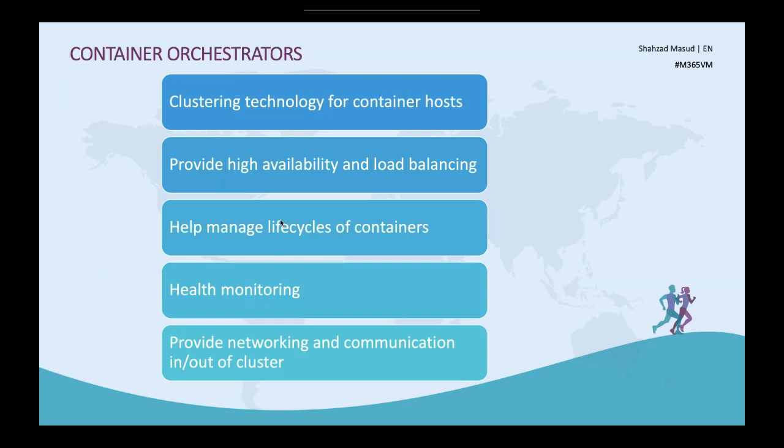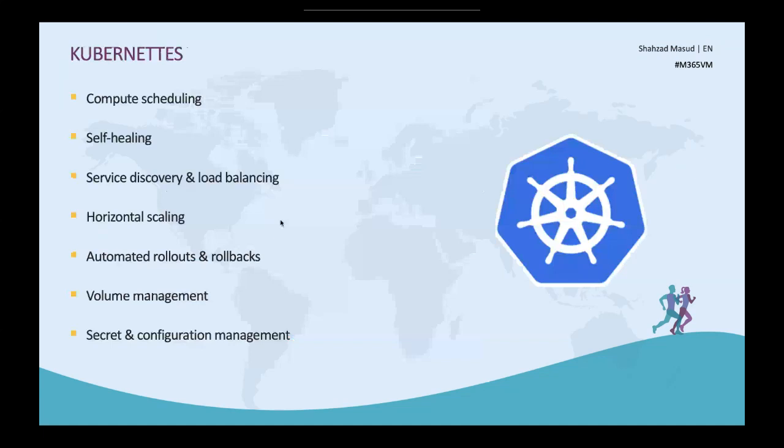Most important of all is the aspect of networking and communication in and outside of the cluster. Important things in all of this are scheduling, self-healing, service discovery, horizontal scaling, automated rollouts, volume management, and secret and configuration management.